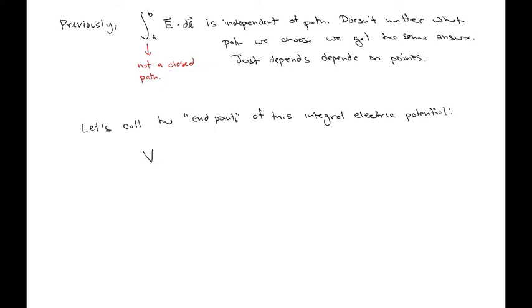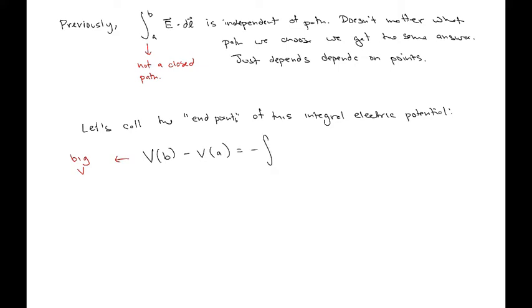Okay, electric potential, we're going to use the big V. It's hard to tell sometimes in these lectures what's going on here. This is a big V for potential. And if I'm going to do this line integral from the limits b to a, then I'm going to end up with this potential evaluated at b minus that potential evaluated at a. Turns out we throw a negative sign in there.